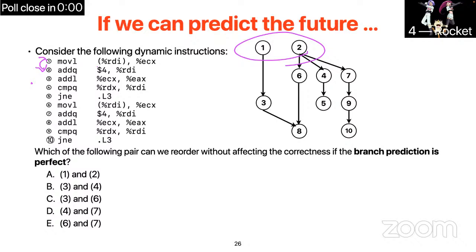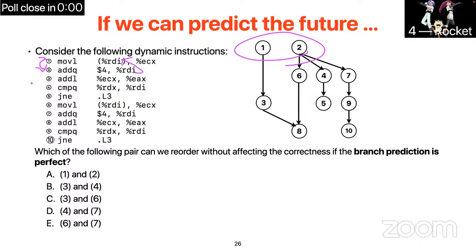Oh, right. You can't do that, because RDI would be used later. The output is actually the source of this instruction, right? So this is not going to be correct, even though they do not depend on each other.